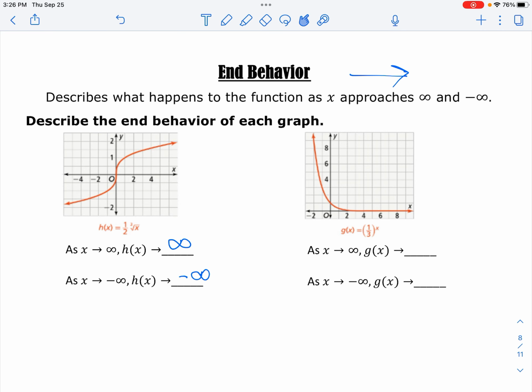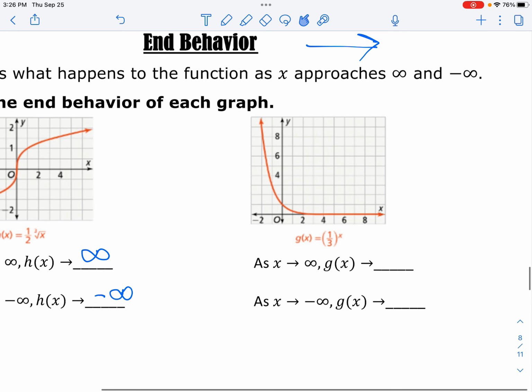So here, as x goes this way, what's happening to g of x? In this case, it's going down and down and down, but it's getting closer and closer to zero, though it's not actually reaching it.